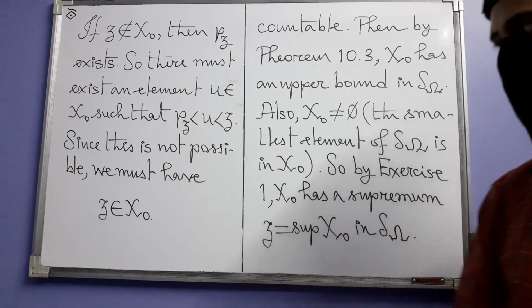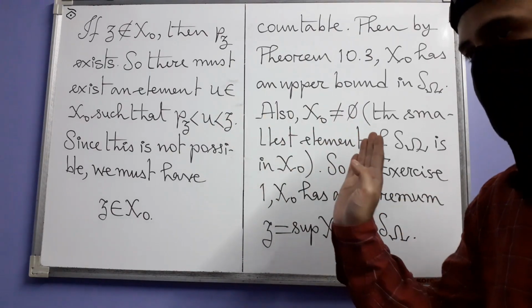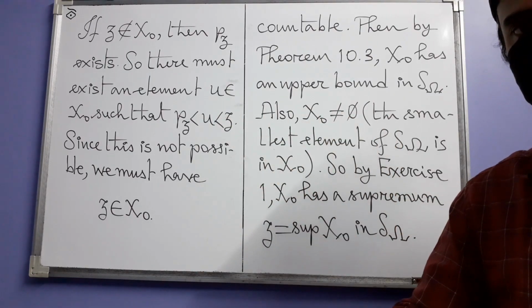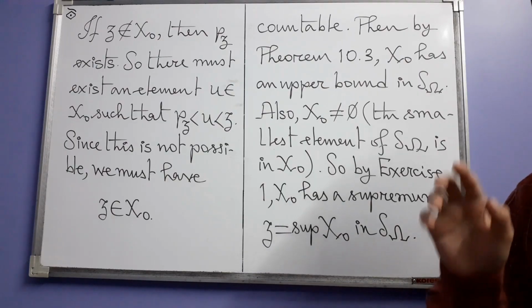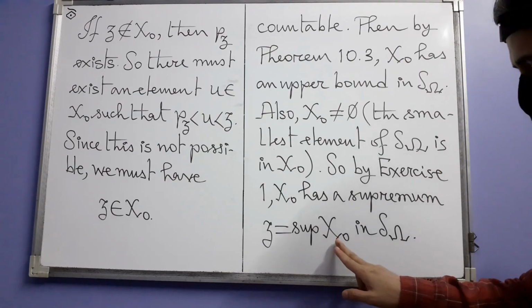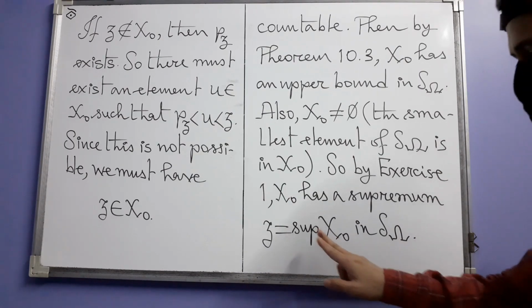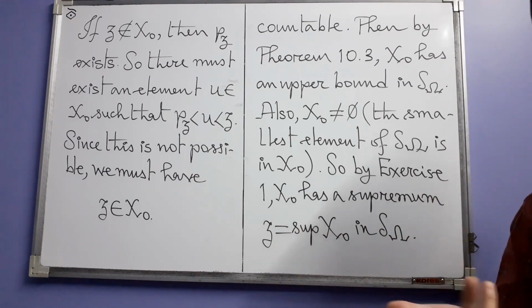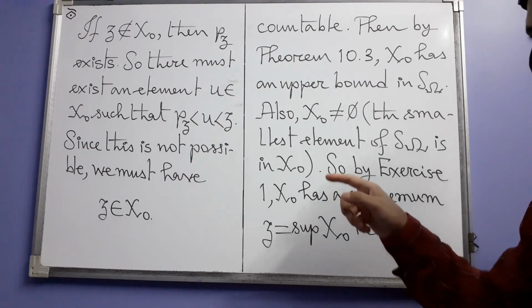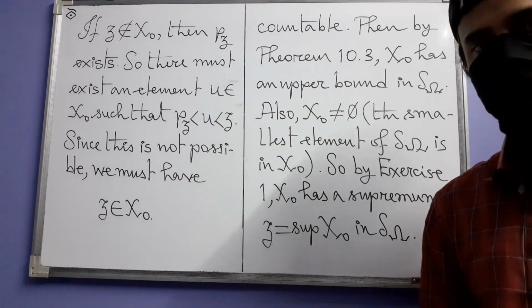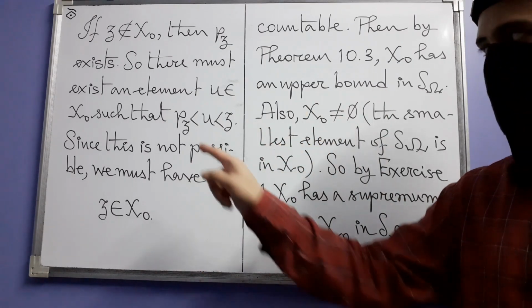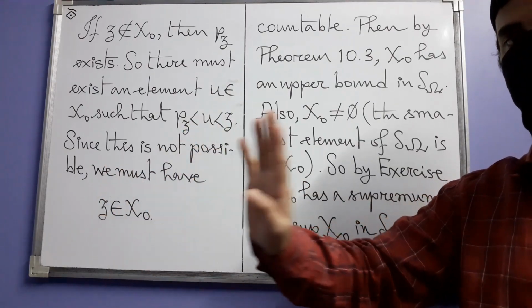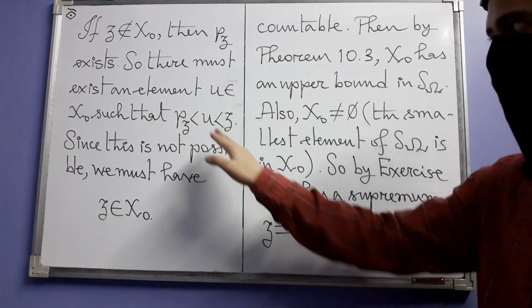That is also there. But the fact that Pz is less than Z makes Pz not an upper bound for X naught. Why? Because Z is the supremum of X naught. It is the least upper bound for X naught. So if I go even less than the least upper bound, obviously no such element will be an upper bound for X naught.